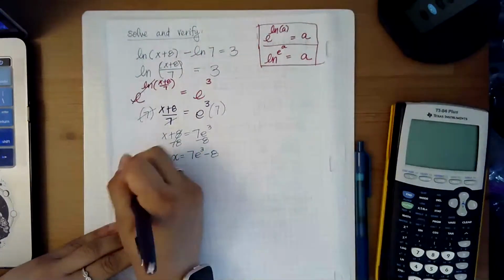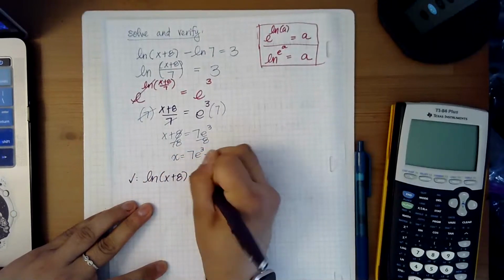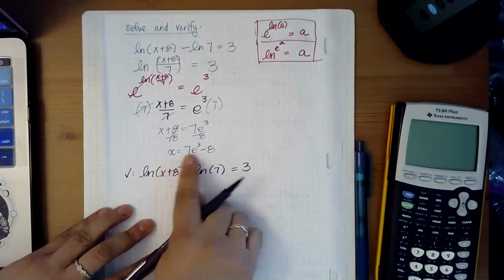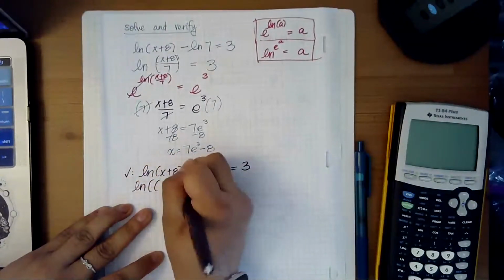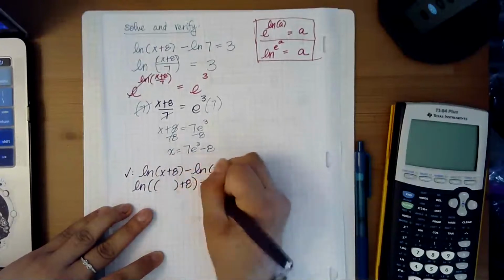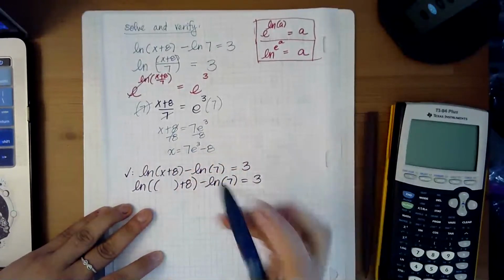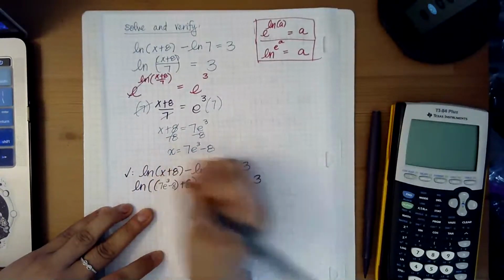So let's check. So I have ln of (x plus 8) minus ln 7 has to equal 3. Okay, wherever there's an x, I'm now going to substitute whatever the x is. Everything else is going to stay the same. So I have 7e to the 3rd minus 8.